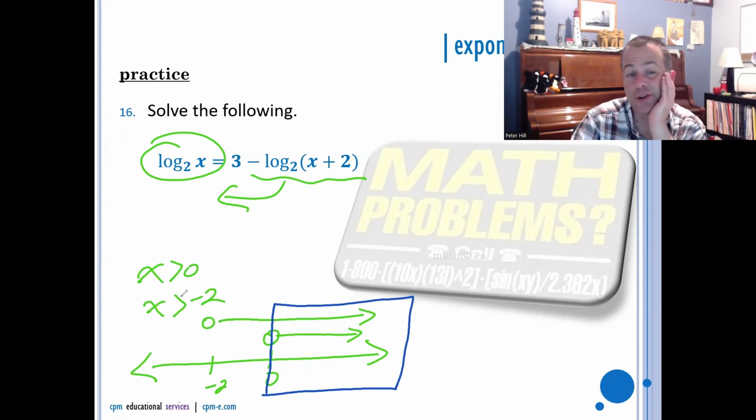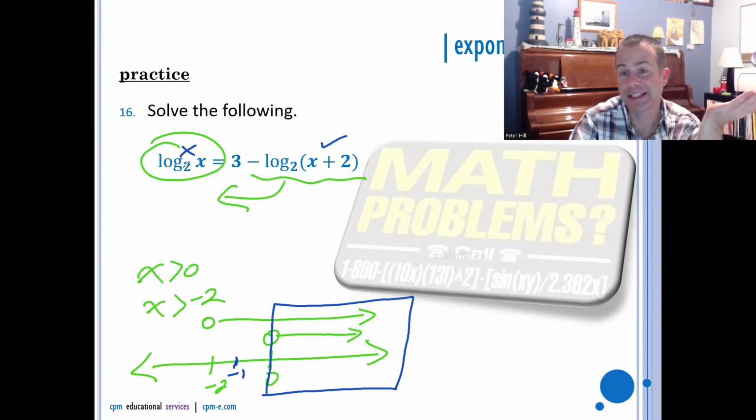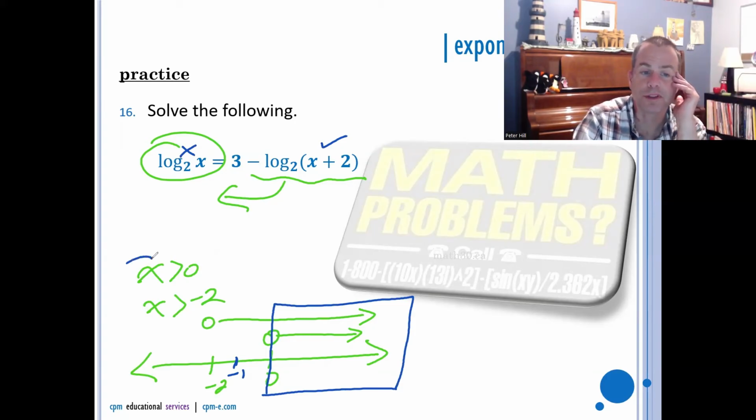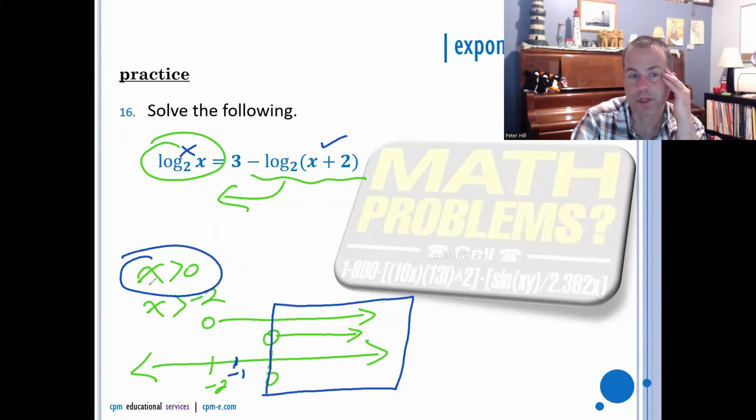I don't care that x has to be greater than -2 because look, -1 is a perfect example. Yay, that's going to work in this one, no problem. But it doesn't work in this one, and so I can't continue with the question. Okay, so you're looking for the overall, sort of the most restrictive restriction. Now it is still important that you write both of these and then conclude that overall x is greater than 0. You don't have to do this number line. I'm just trying to help you see visually why I'm suggesting that x is greater than 0 is more important. Okay. All right, cool.